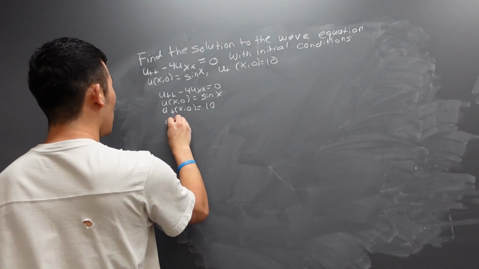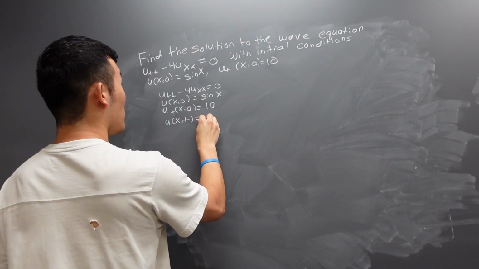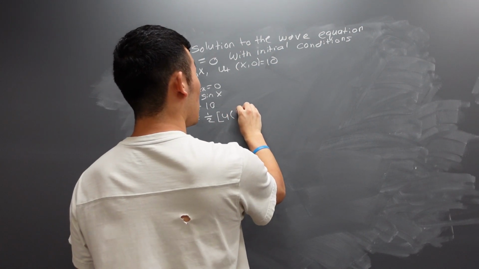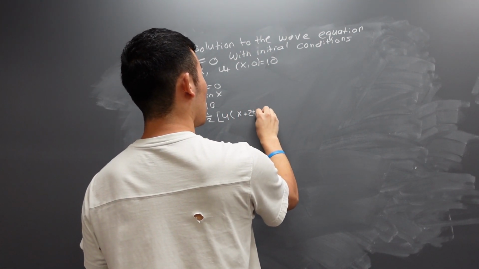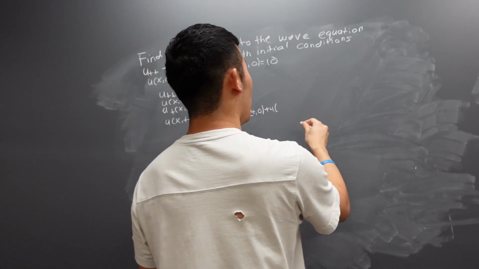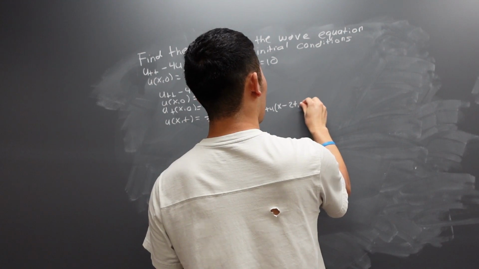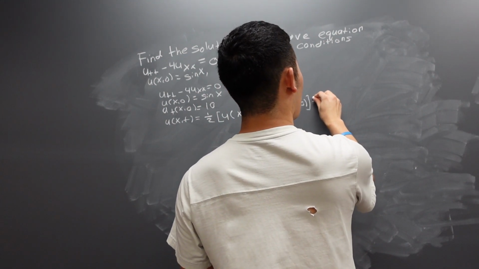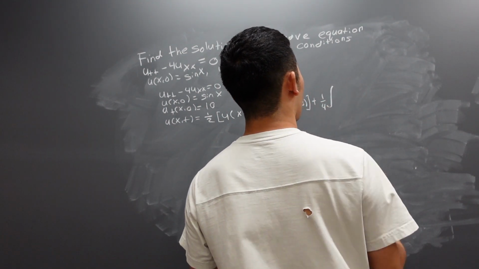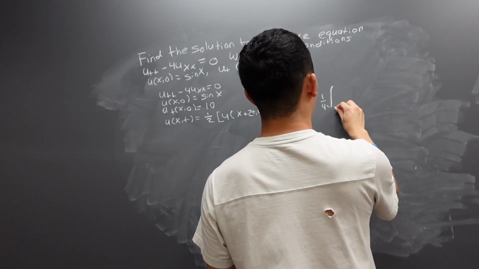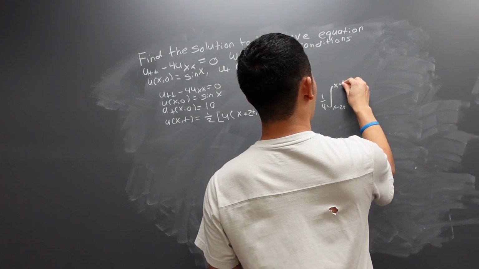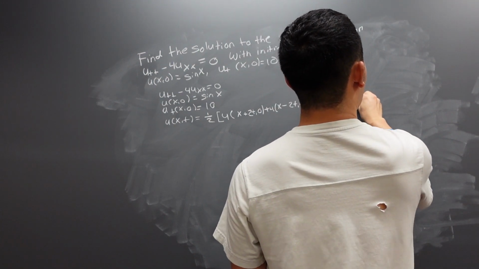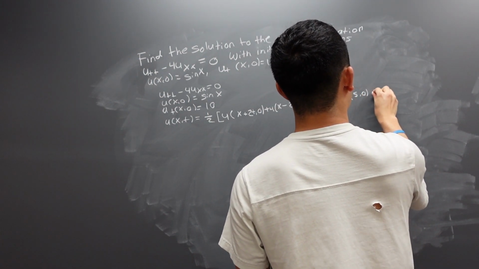And now let me write this as u(x,t) is equal to 1/2 times u(x plus 2t, 0) plus u(x minus 2t, 0), plus 1/4 of the integral from x minus 2t to x plus 2t of u_t(s, 0) ds.